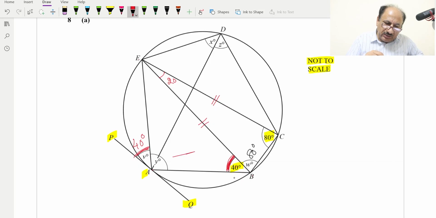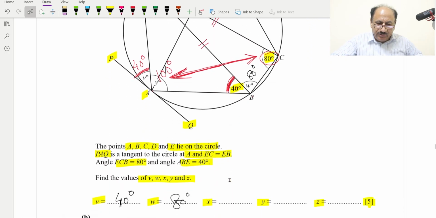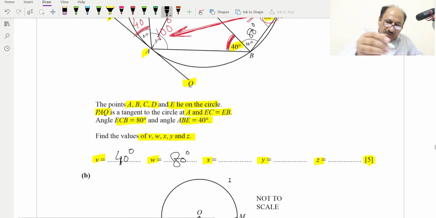In this cyclic quadrilateral, these two angles are opposite angles, so they will add up to 180 degrees. If one angle is 80, the other one will be 100, so we can mention y as 100 degrees.